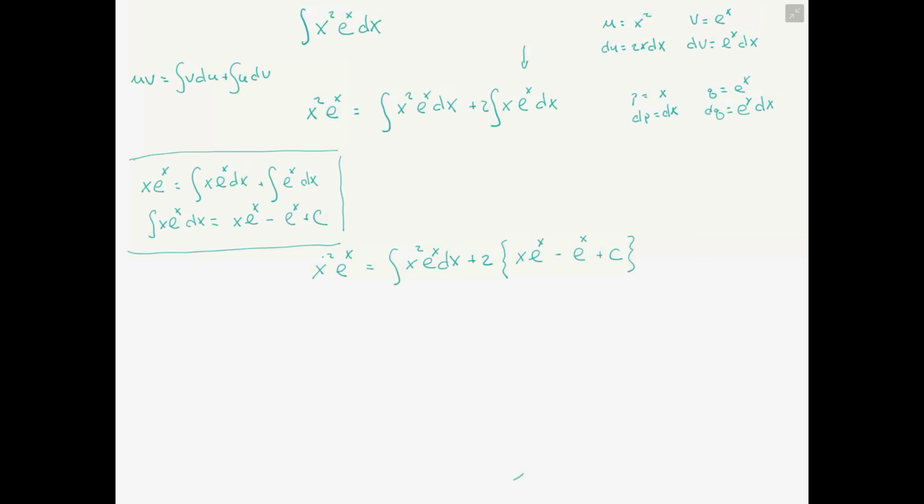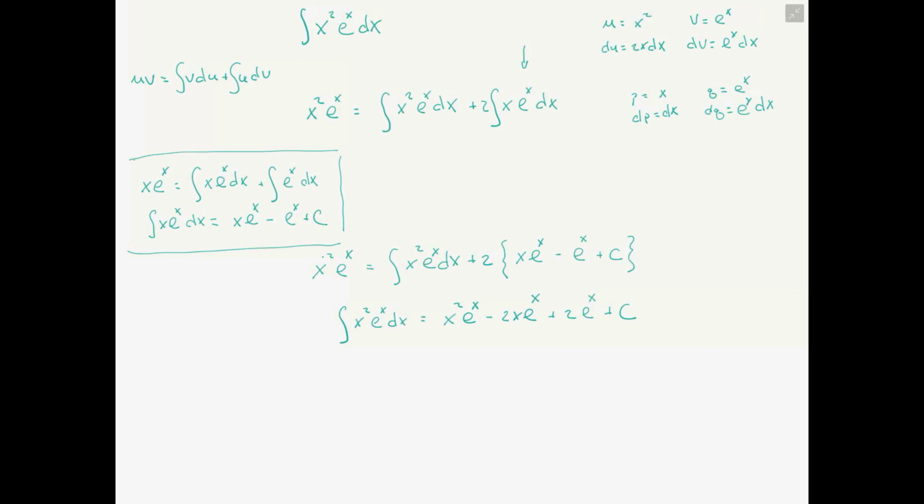And now we do all our rearranging, and we end up with the integral of x squared e to the x dx equals x squared e to the x minus 2x e to the x plus 2 e to the x plus c.